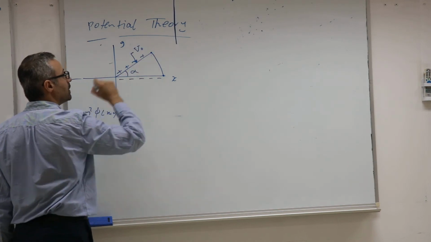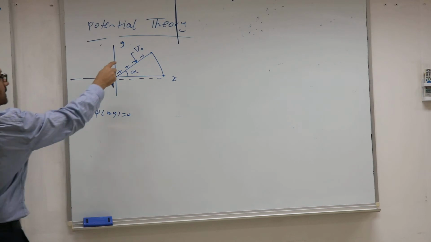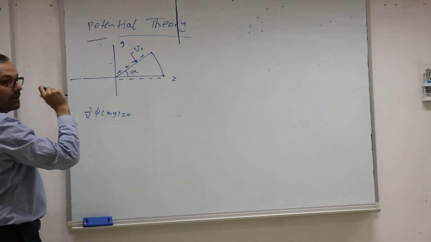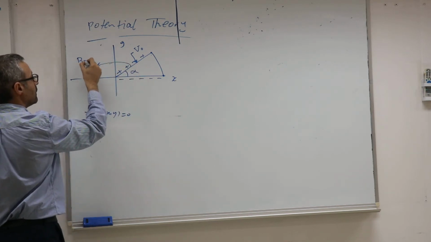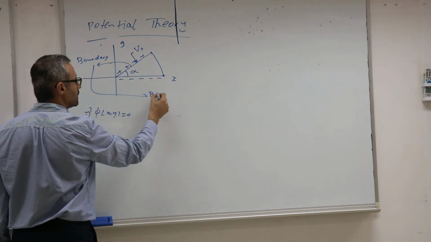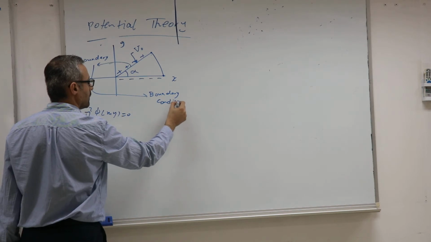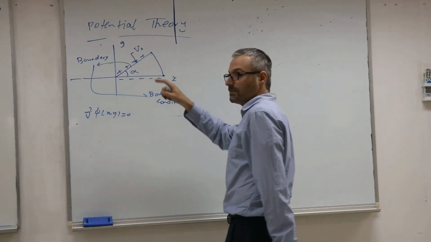For example, here you give the system a potential, call it V0. You need to check whether this solution satisfies this condition here or not. So you will have what we call boundary conditions. If you have a boundary, you have to check the boundary conditions. Not any solution can be a solution for this problem.